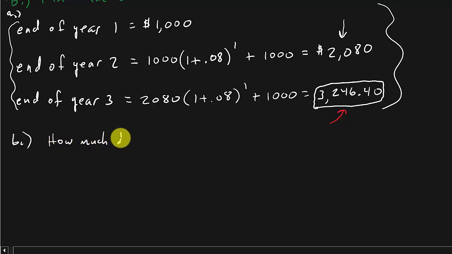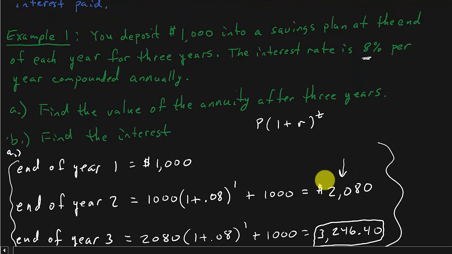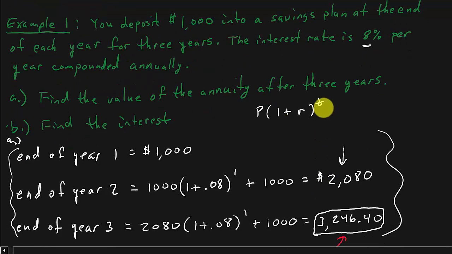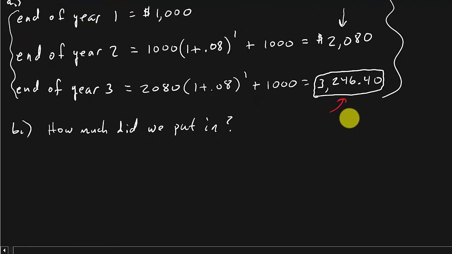How much did we put in to the savings account? All right. Well, we deposited $1,000 at the end of each year for 3 years. So we did that 3 times. So 3 times 1,000 is equal to $3,000.